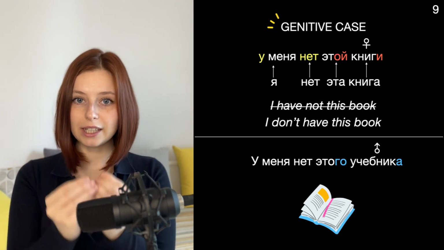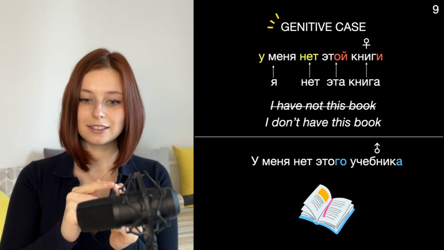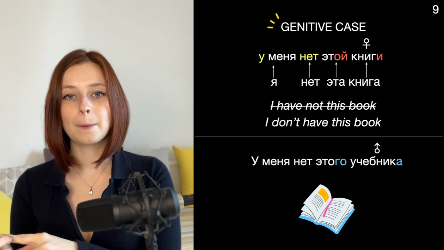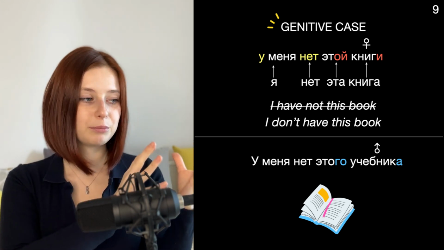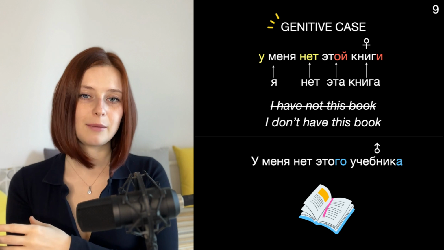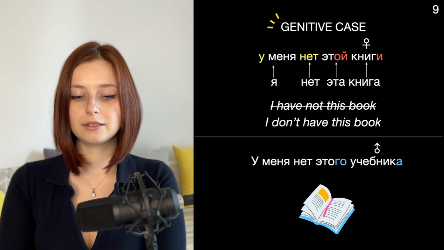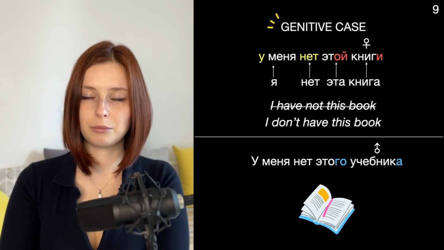Then we have нет. Нет is also genitive case. Нет affected этой and книги. It's like prepositions affect everything that comes after them, right? So that's why we can say that this sentence is fully in genitive case.